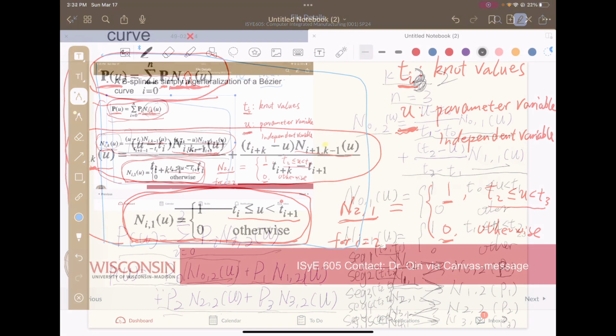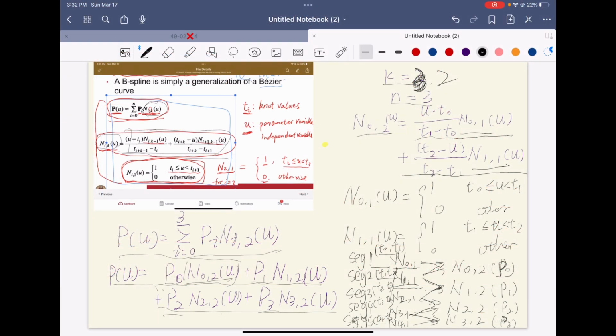Okay, in order to understand these equations, we just take an example, and in this example we make k equal to 2 and n equal to 3.